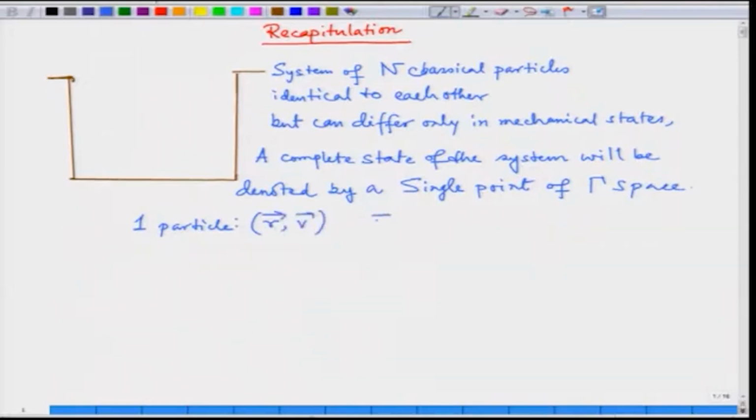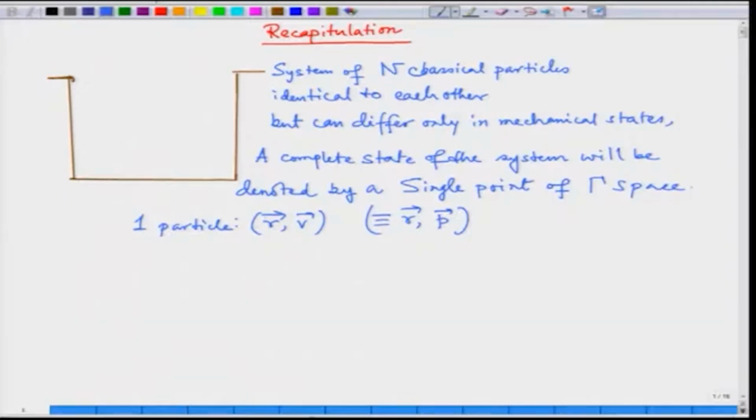This is also equivalent to the Hamiltonian formulation I used in Liouville's theorem in the last lecture, where I had to use r and p, the momentum. For the non-relativistic case they are very similar, so you can simply write r and v for one particle in phase space.